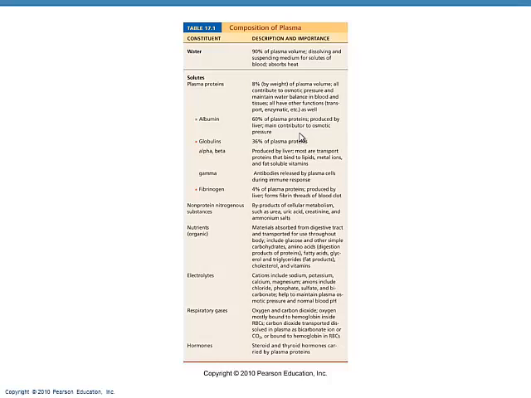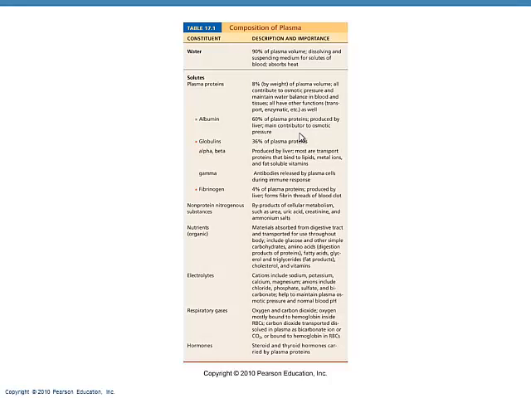The one I'm going to refer to is the one in your book, 17.1 on page 633. These are some of the things we're going to find in plasma. Plasma is mostly what? Water, 90% on average. Other very important things distributed are electrolytes: sodium, potassium, chlorine, and bicarbonate, an important part of the buffer system.